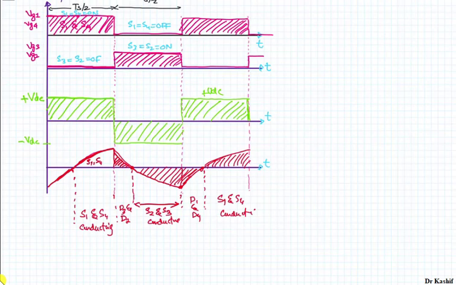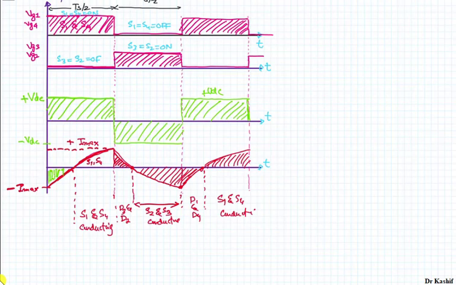Your diodes will be conducting, and your main switches will be conducting. Your current will be varying between some positive maximum value and some negative maximum value. So your current is changing like that. In some portions your main switches are conducting, and in some portions your diodes are conducting.